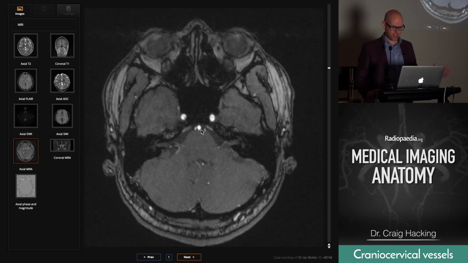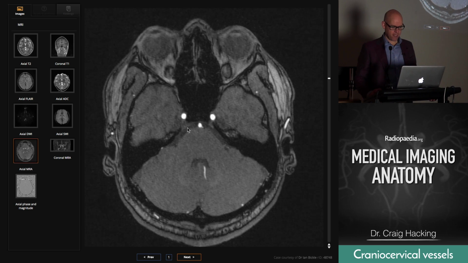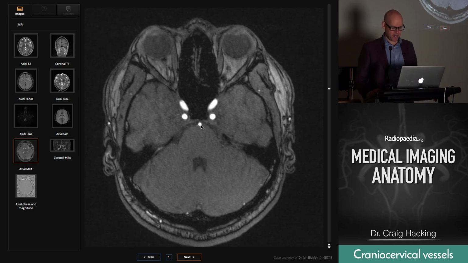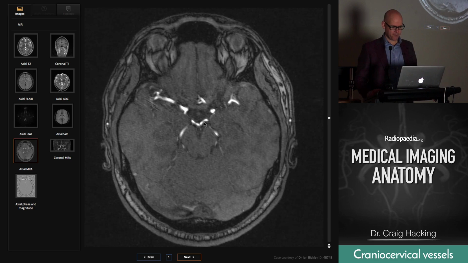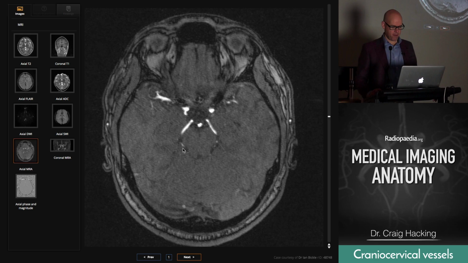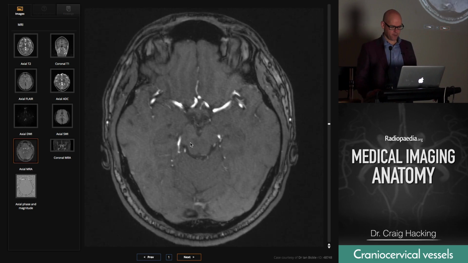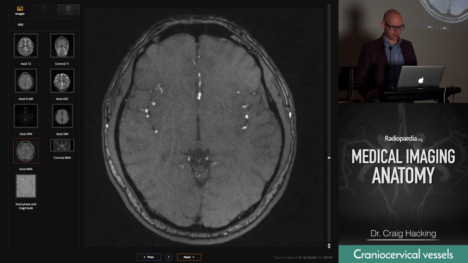Now it's at about the junction of the pons and the medulla, and it may run in the midline, it may run off to the side. If it runs off to the side, it often means that there's a dominant vertebral artery that's kind of pushing it that side. Here it is running in the midline, it continues up, and then it bifurcates right here, the posterior cerebral arteries, which hook around in the ambient cisterns around the cerebral peduncles to supply the occipital lobes.